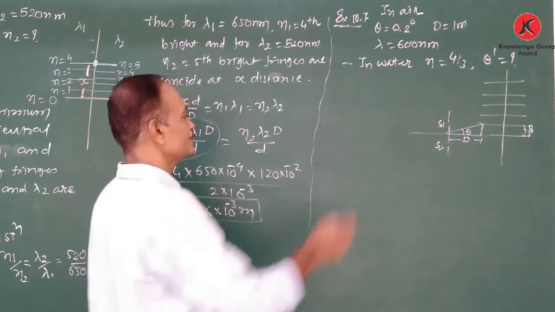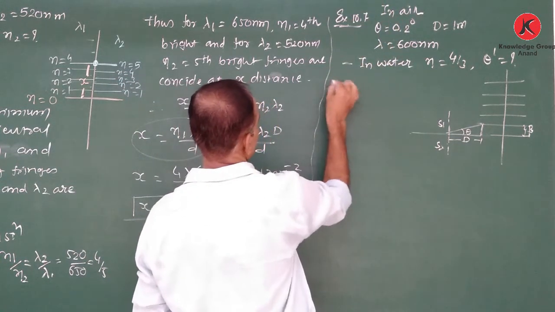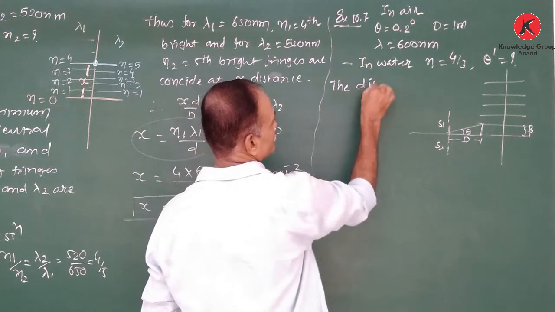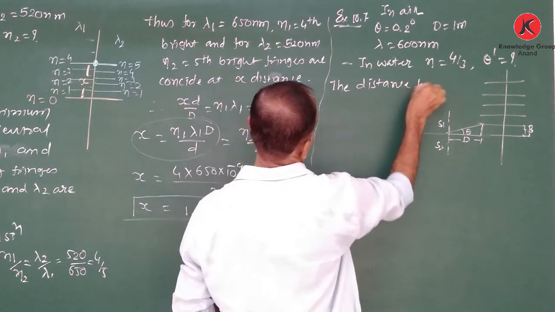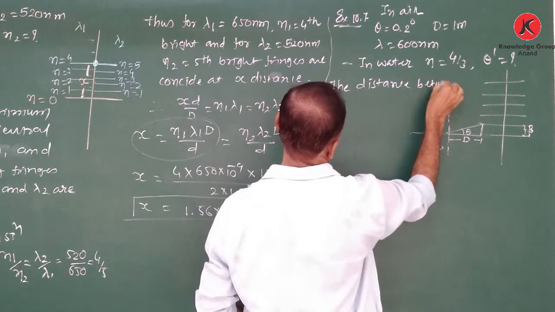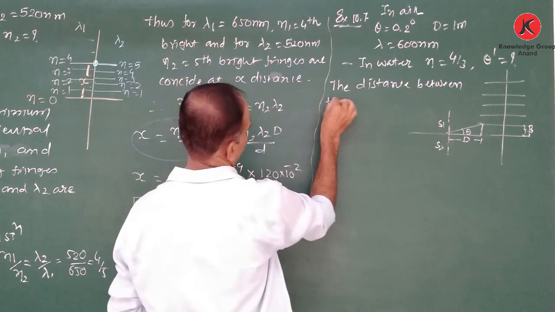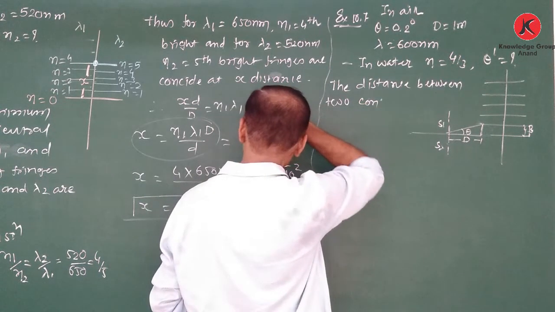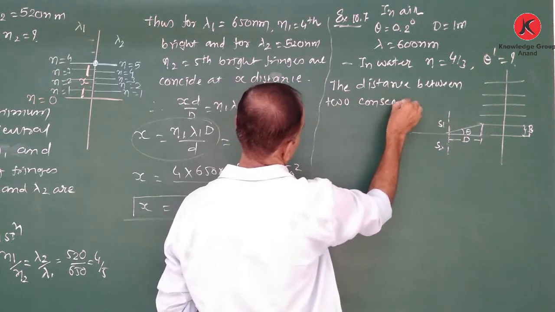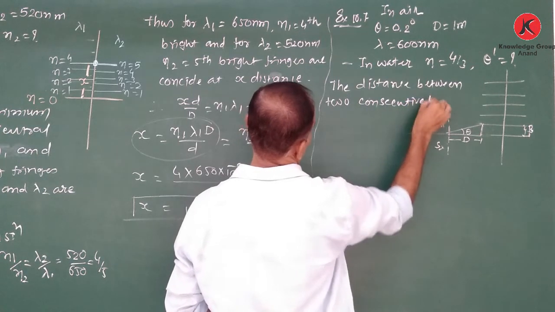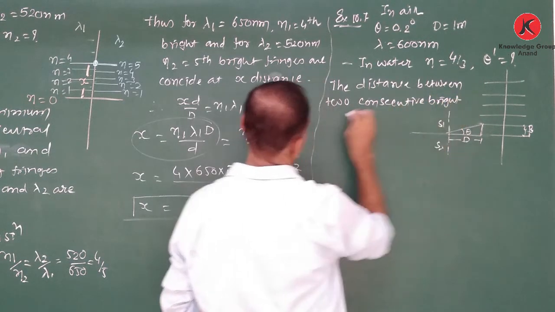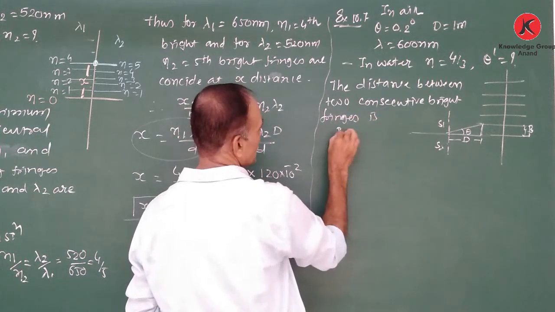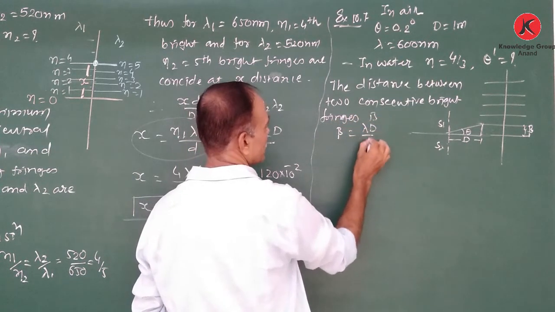Therefore, the distance between two consecutive bright fringes is beta is equal to lambda D upon d.